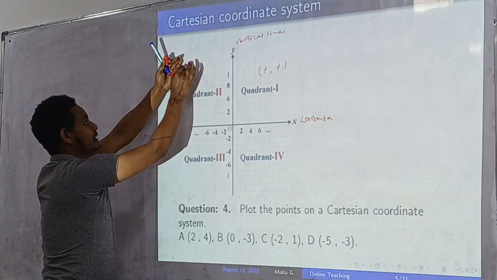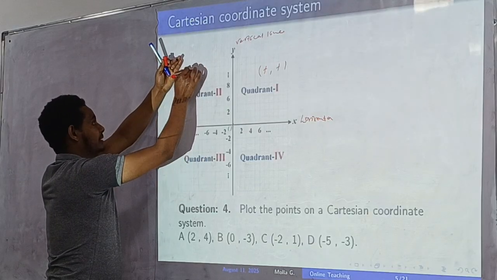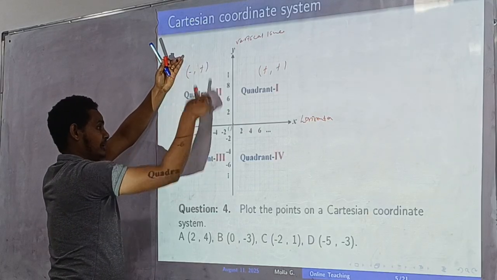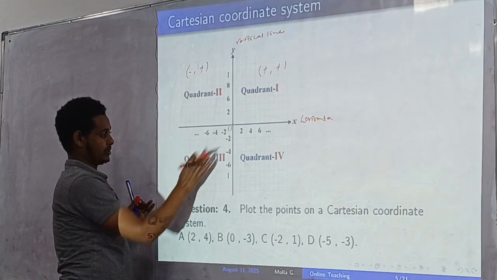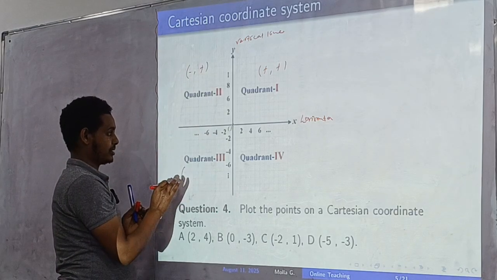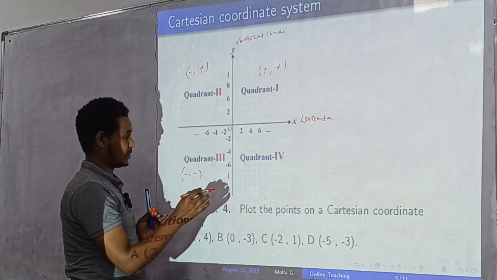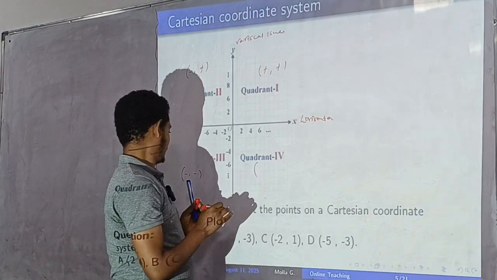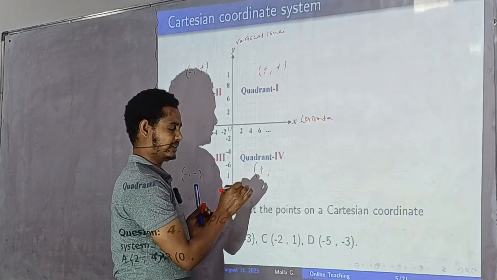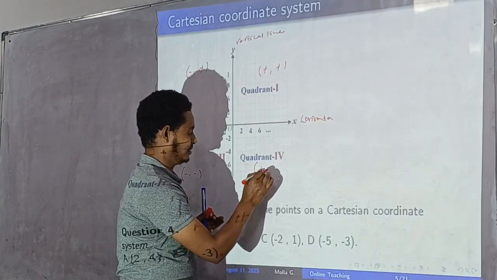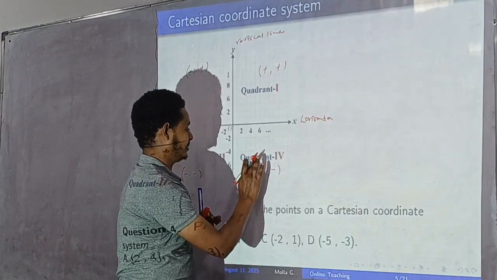We always write x, the horizontal value, first, so x is negative and the value of y here is positive. In the third quadrant, both x and y are negative. And in the fourth quadrant, the first coordinate, x, is positive and y is negative. This is very important, right?